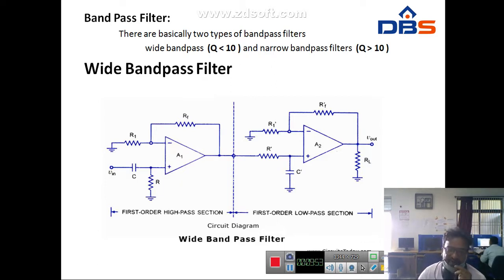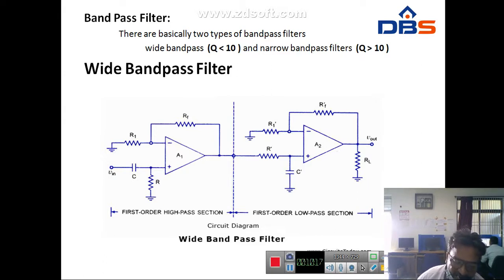A wide band pass filter can be formed by simply cascading a high pass and a low pass section, and generally it is the choice for simplicity of design and performance.